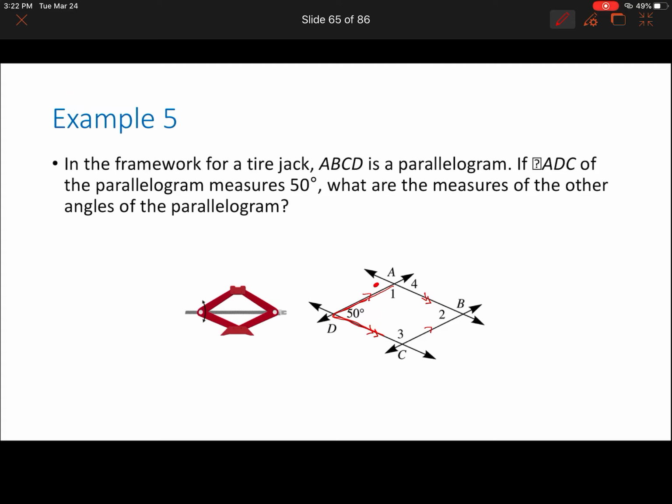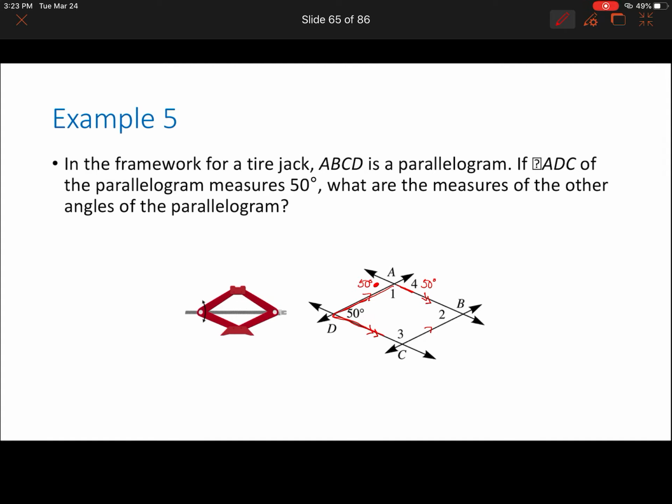Based off of that, if the angle that we have is 50 degrees, then this angle is an alternate interior angle to it, and so it also must be 50 degrees. That means angle 4, which is a vertical angle, also must be 50 degrees.